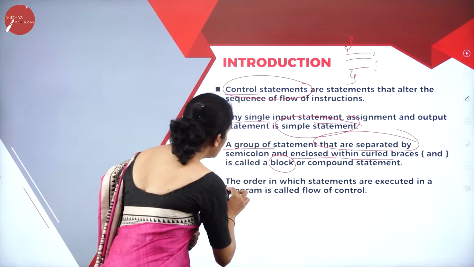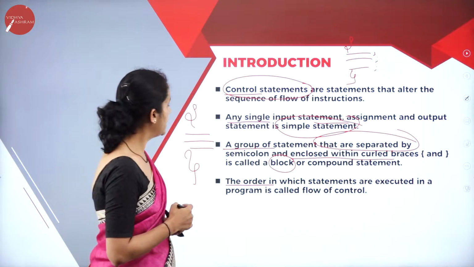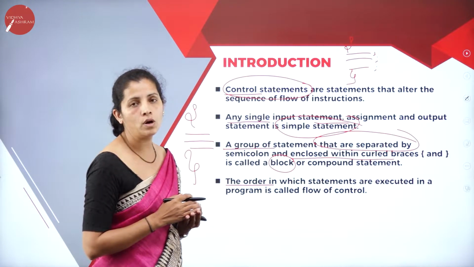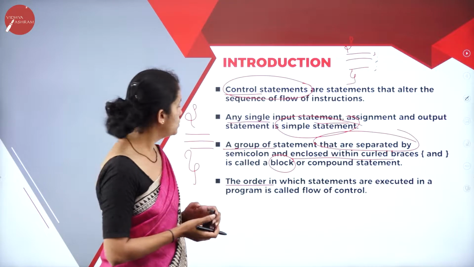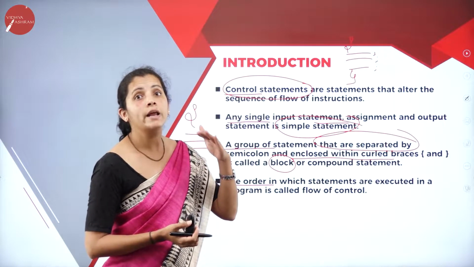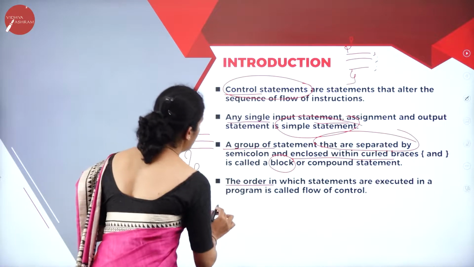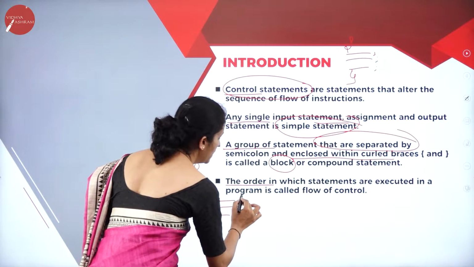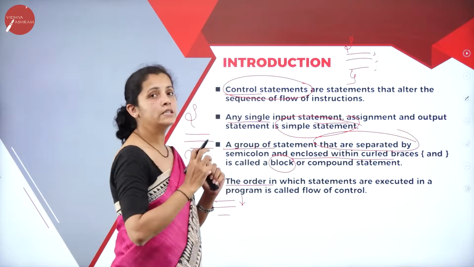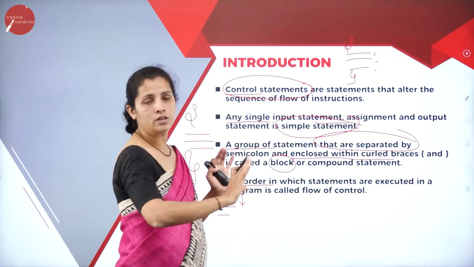The order in which statements are executed in a program is called flow of control. So here, the order in which the statements are executed in the program. For example, think that here I am having a program. If I am going to execute these statements one by one, then it is sequential flow.